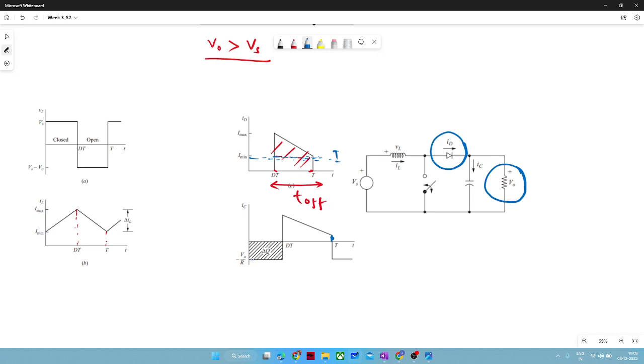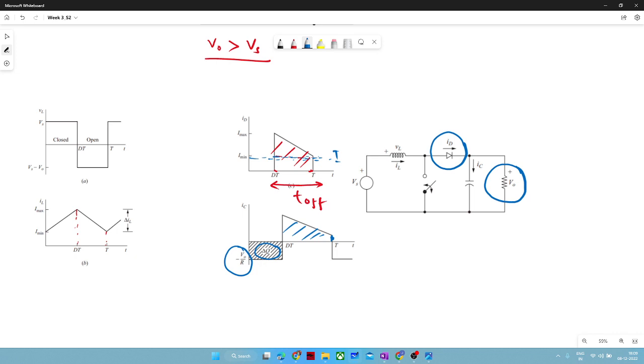This rectangular portion will come down, and earlier it was 0, so it will get shifted by the value I naught, and I naught is nothing but V naught by R. Since it is in the negative direction, we are taking minus V naught by R, and the upper portion will be upward. If you equate this delta Q and this delta Q, both areas should be the same, ideally. There are some cases where parasitic resistances or coil resistance will be connected, but that should not be our concern as of now. So now both these areas should be equal.